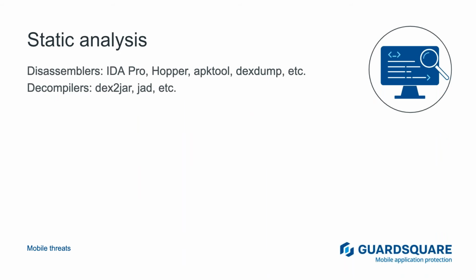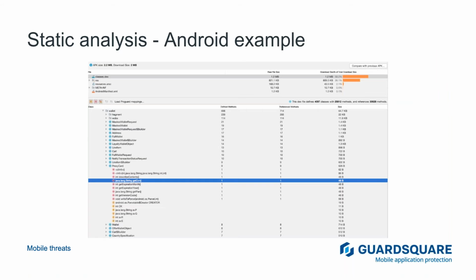Static analysis can be done with a lot of tools. There are open source tools available out there, but also commercial tools. Some examples are IDA Pro, Hopper, APKTool, dexdump, dex2jar, etc. Here we see an example of where we used Android Studio to disassemble a sample application, an open source application.